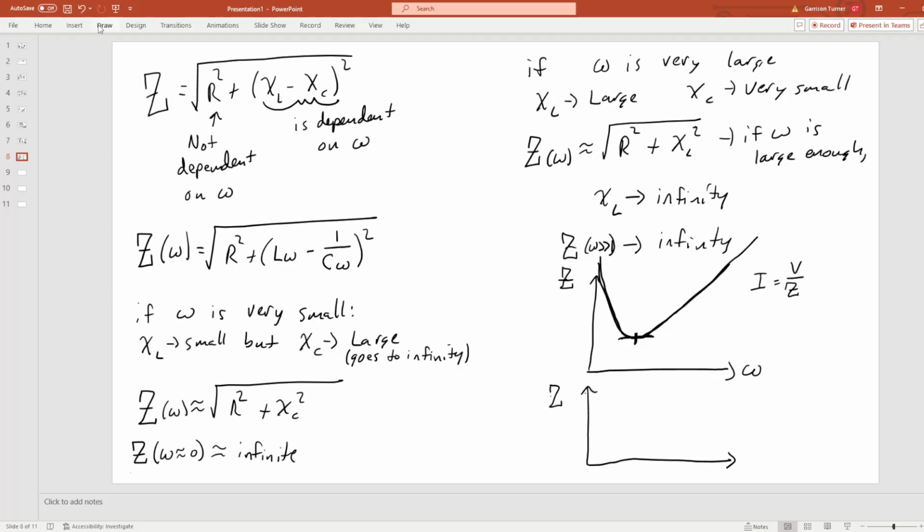Oop, I'm not plotting Z anymore, I'm plotting I. So your current will start out at 0, grow to some maximum value, and then die off again. Now the exact shape of this is going to depend on the values of your resistor, capacitor, and inductor. But this is the general idea, okay? So the peak in your current, where your current is maximized, corresponds to when your impedance is lowest.